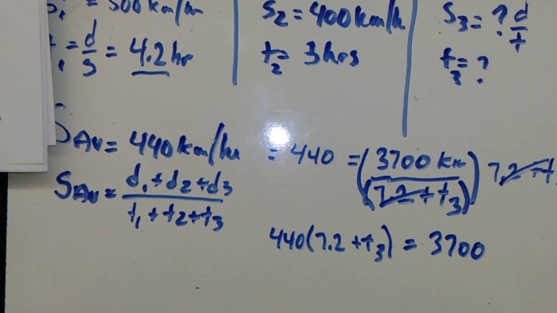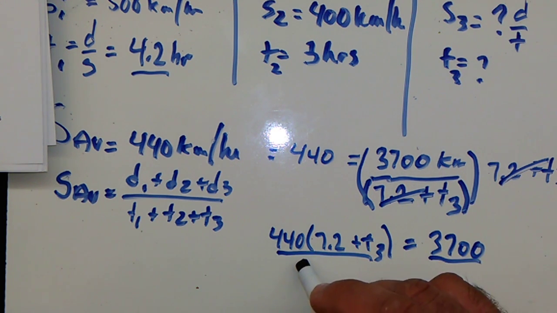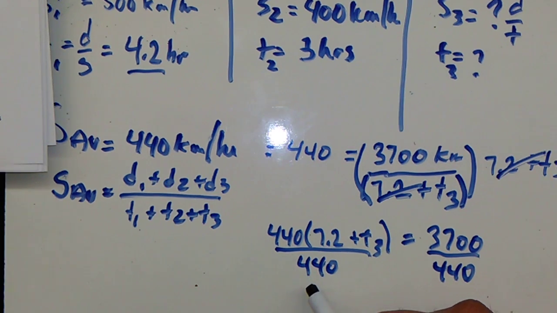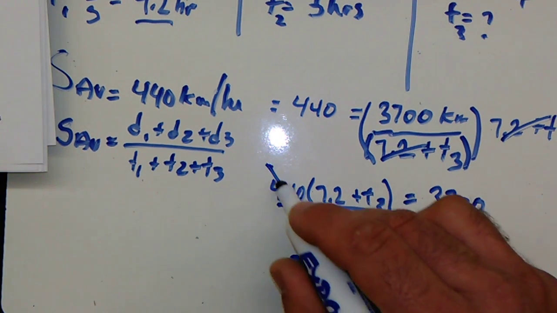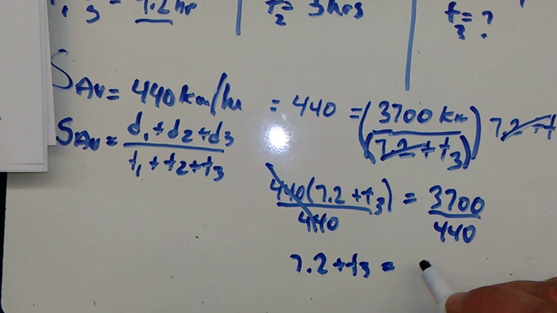Then I can divide both sides by 440, and I come up with the rest of the equation: 7.2 plus t3 equals 8.4.